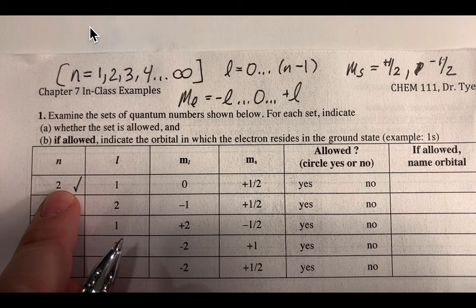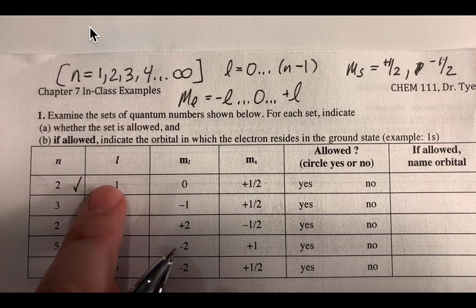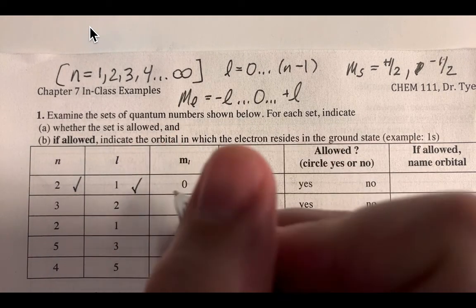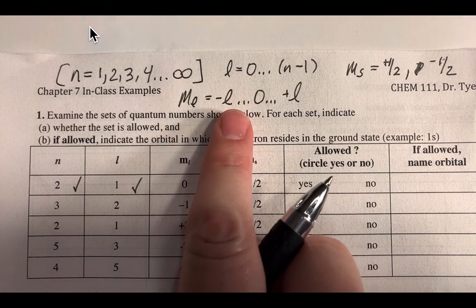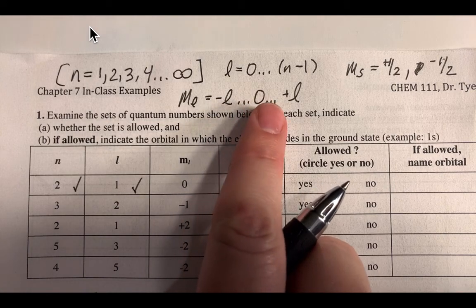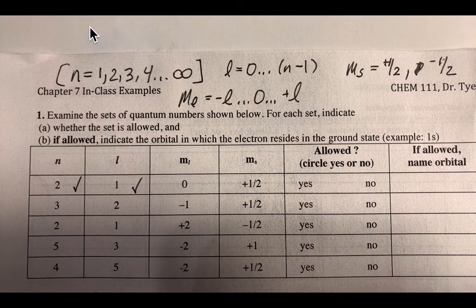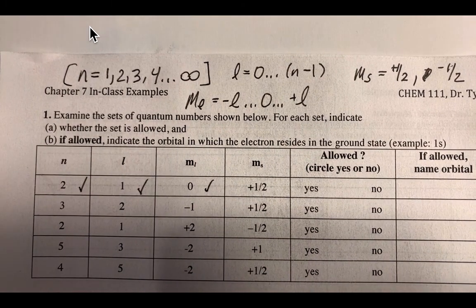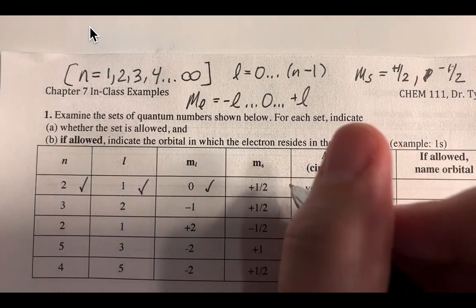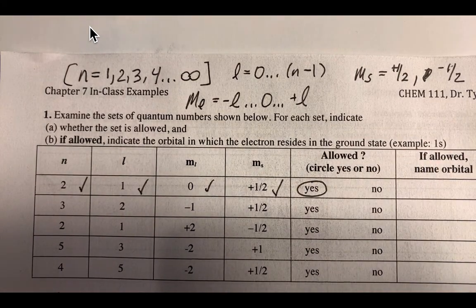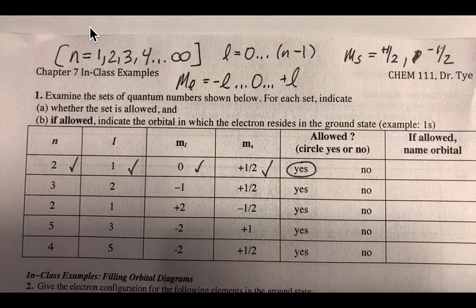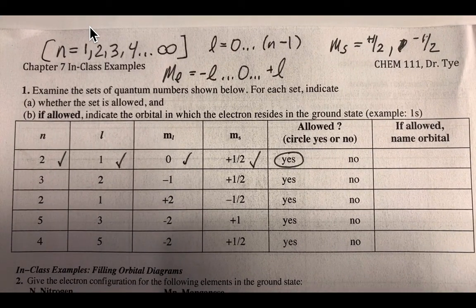Okay, n is 2, so for n equals 2, possible values of L are 0 and 1. So 1 is a good one. Now if L is equal to 1, m sub L would be minus 1, 0, and plus 1. So 0 is most definitely a good number. And then I said m sub s can be plus 1/2 or minus 1/2, so that most definitely is good. So yes, this is an allowed electron configuration. I'll save this last column here till the end.